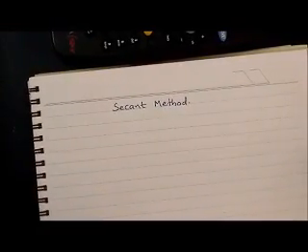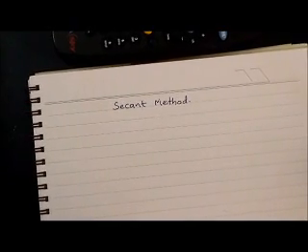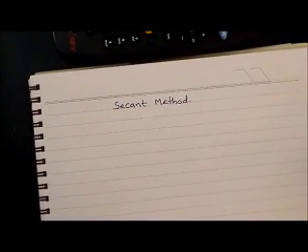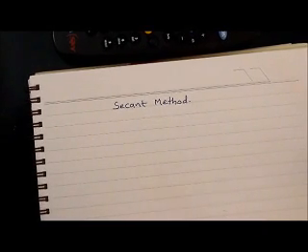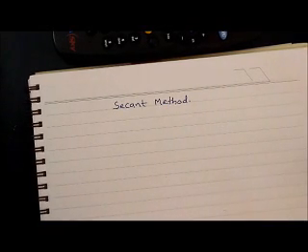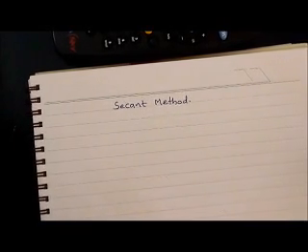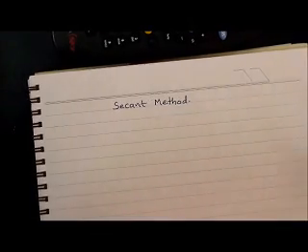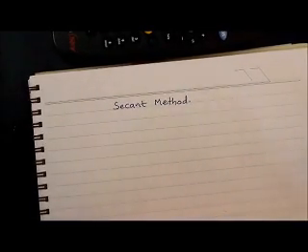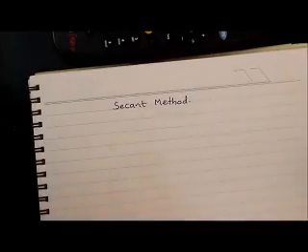Okay, the secant method is very similar to the false position or regula falsi method that we learned in the last lecture. The formula for calculating the next root is almost similar, but there is a slight improvement. As you remember, in the bisection and false position methods, the bracket we chose initially, x0 and x1 or a and b, had to be such that the function values f(x0) and f(x1) were of different signs.